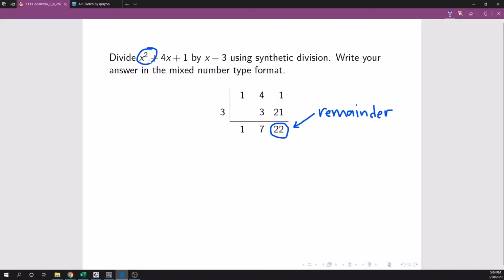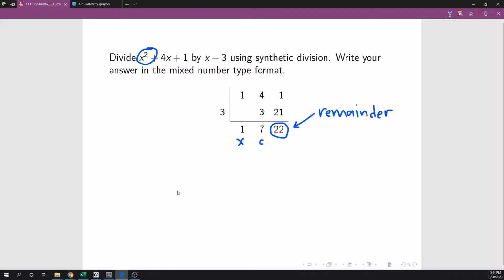The power drops by 1. So here, this was the number with x squared, this was the number with x, and that was the constant term. So it drops by 1. So this will be the number with x, and then this will be the constant term.